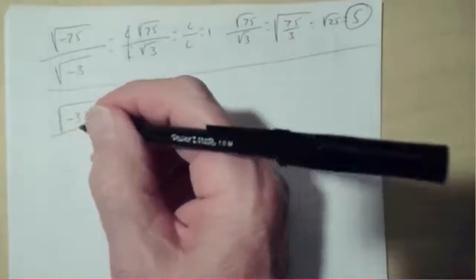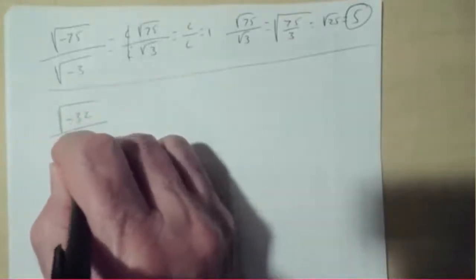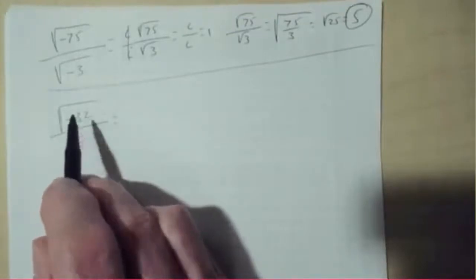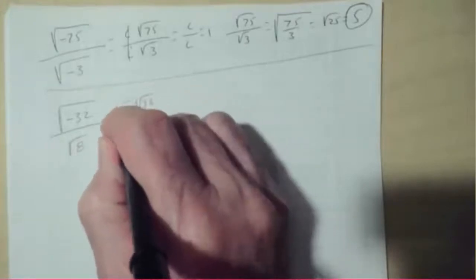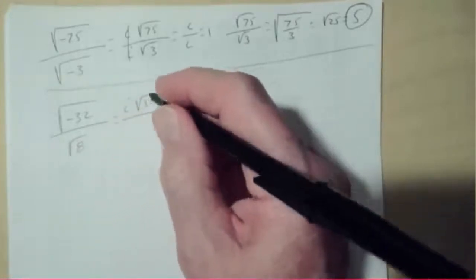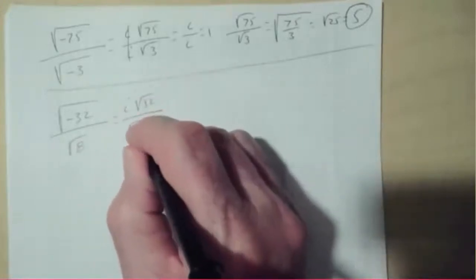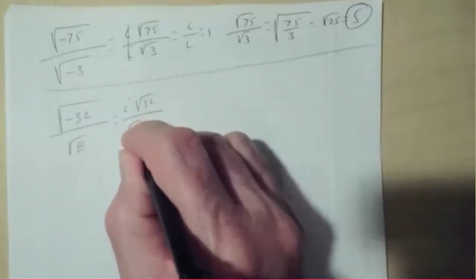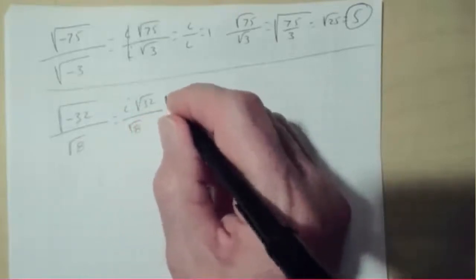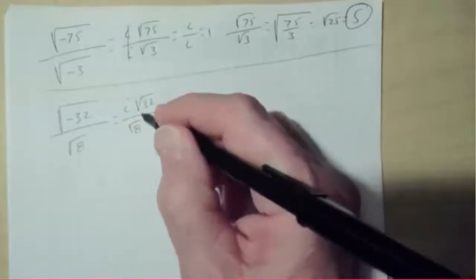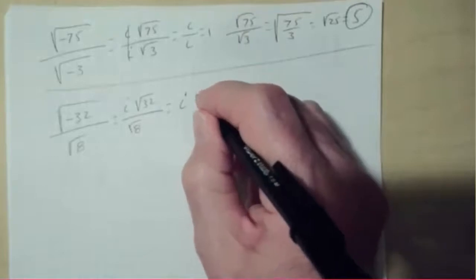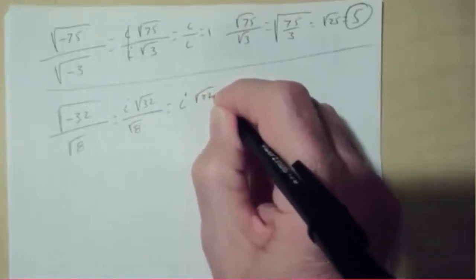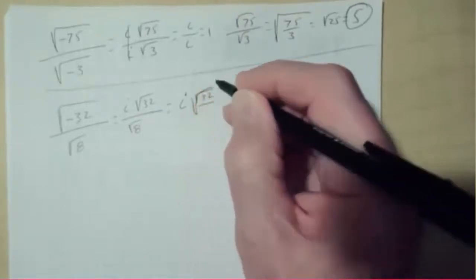Now, get this one if you're so good. Square root of -32 divided by the square root of 8. Okay, let's get rid of this negative in here. We get i times the square root of 32 divided by square root of 8. Now let's write this under one radical.